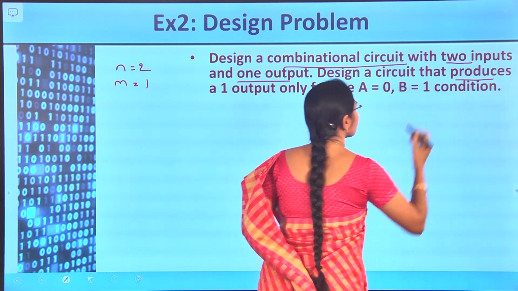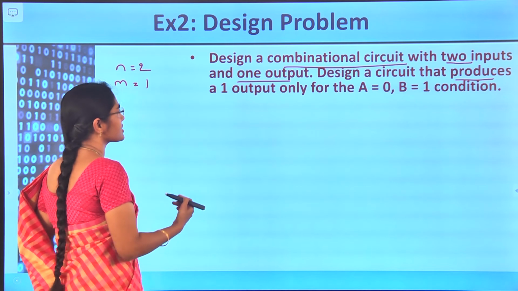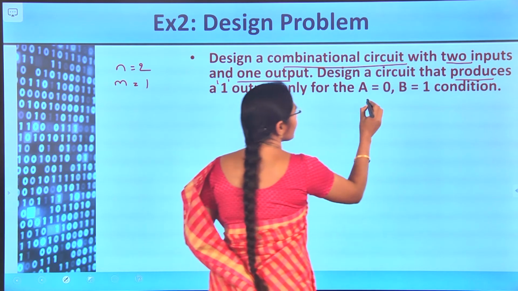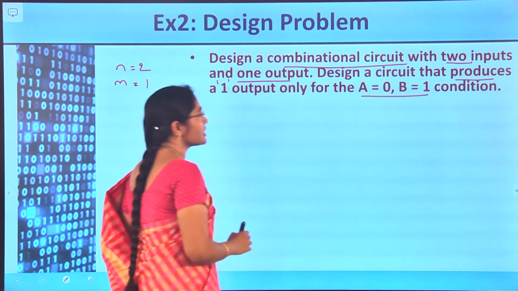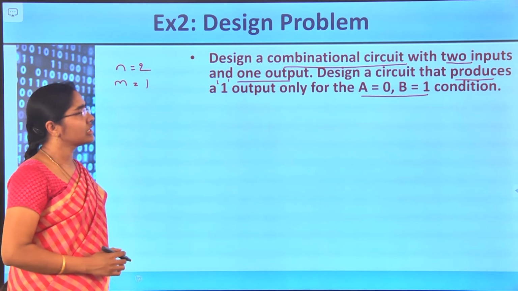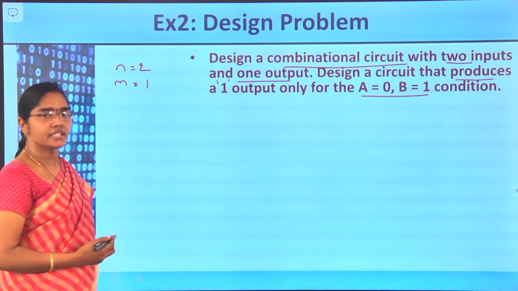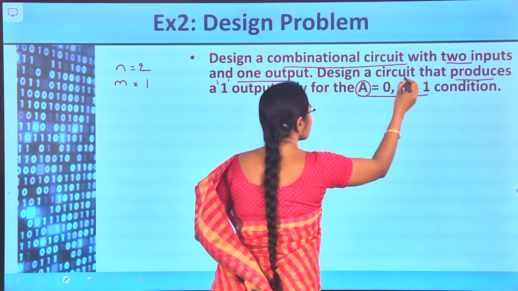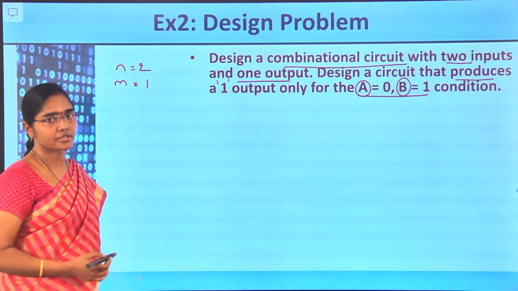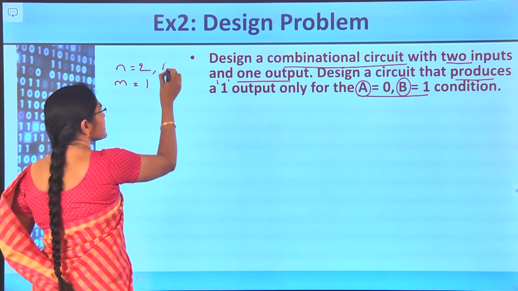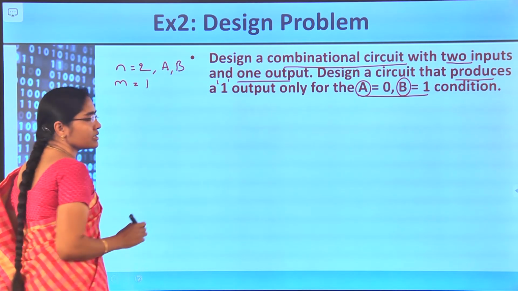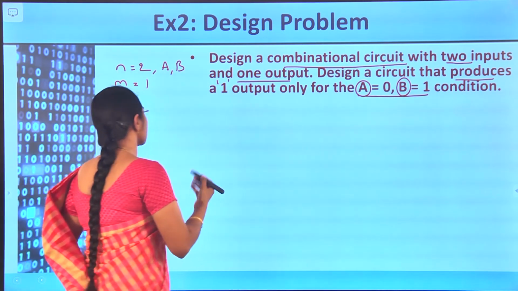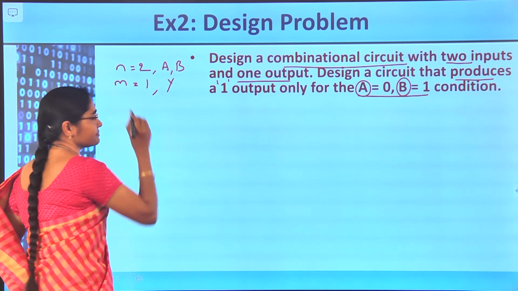Design a circuit that produces a 1 output only for A equal to 0 and B equal to 1 condition. By reading that statement carefully, the input variables are also mentioned, that is our third step. Input variables are A and B. The output variable is not mentioned, so let us take the output variable as y.